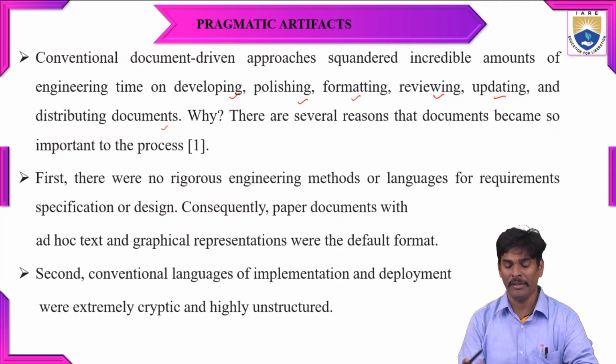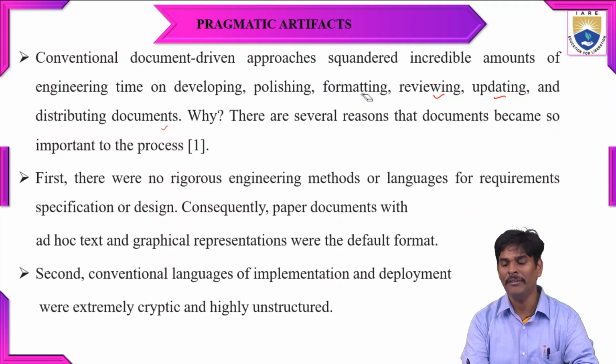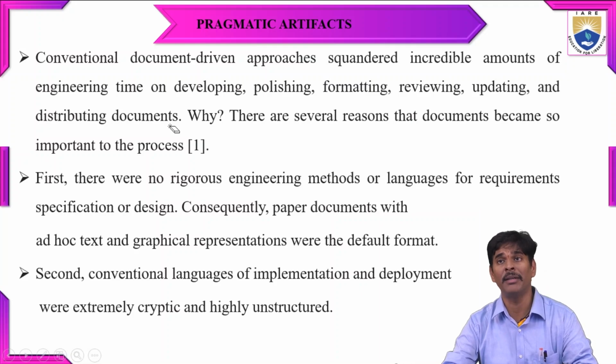They need to allocate time for each and every process or phase. By doing this, the documentation will play a very important role for each and every process, or we can call them the phases. That's why they need to check what is the main reason to apply this documentation in the process.